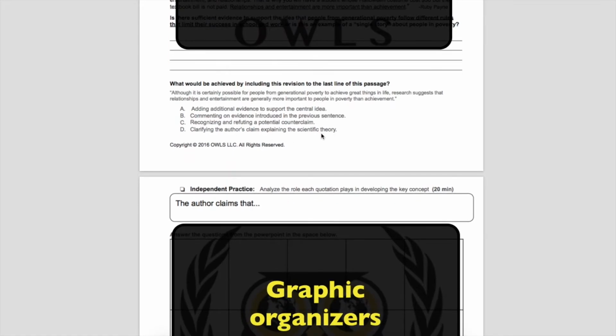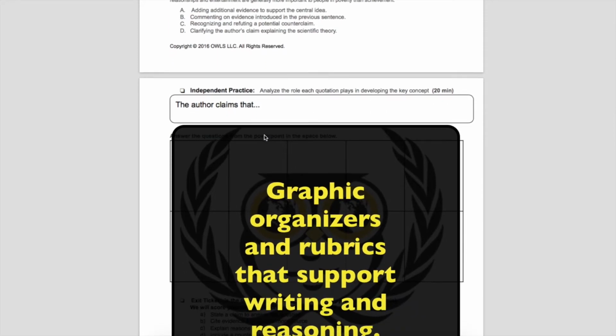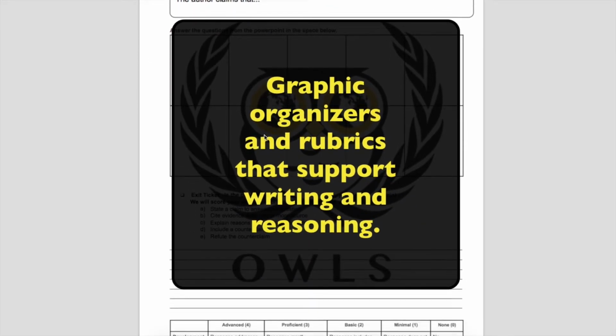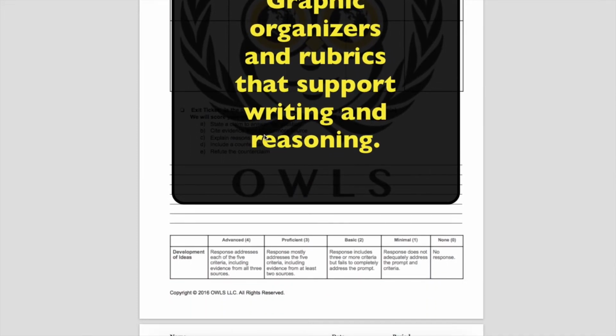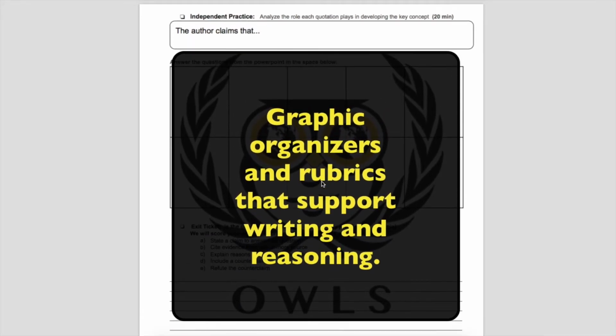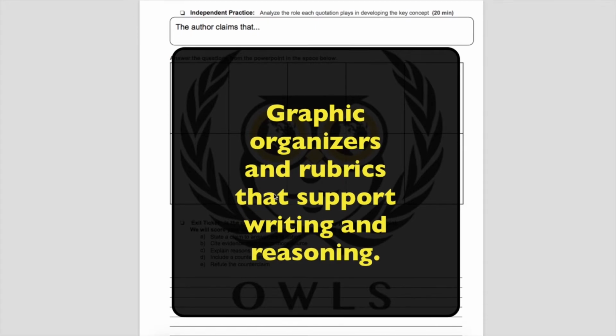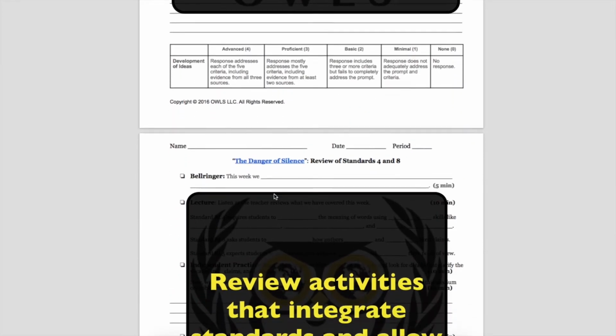There is always an assessment piece, so the students see how these types of questions will be assessed on tests. There are graphic organizers and rubrics that support writing as well as reasoning, so your students will be able to evaluate themselves, or you can have them switch papers and check on each other's. The graphic organizer makes this process quick and easy and seamless.